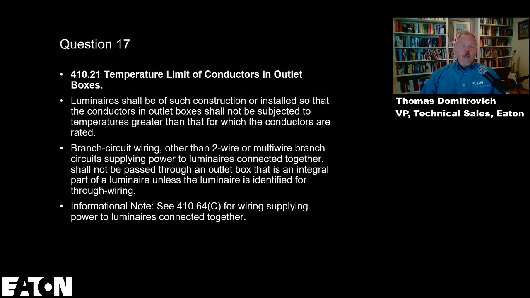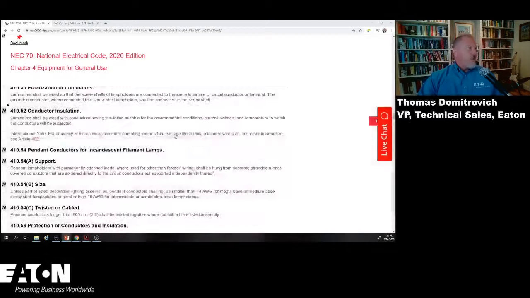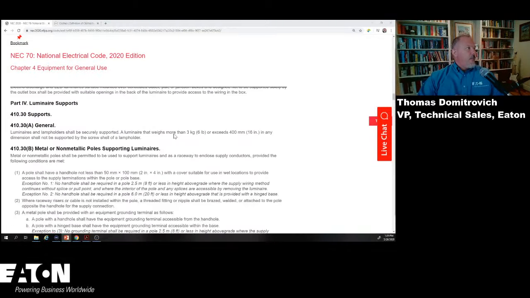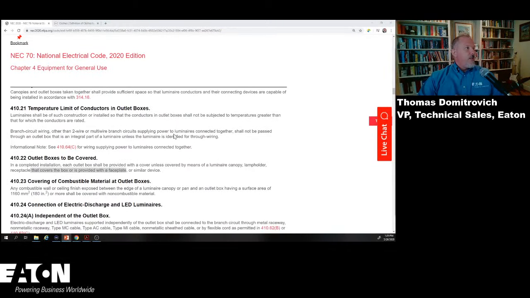Okay, so if we look at 410.21, which I'm going to go back to my code book, 410.21, temperature limit of conductors in outlet boxes. Luminaires shall be of such construction or installed so that the conductors in outlet boxes shall not be subjected to temperatures greater than that for which the conductors are rated.